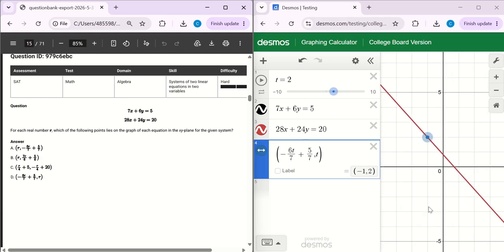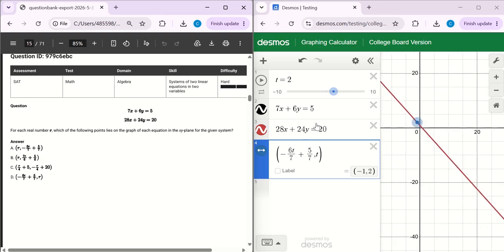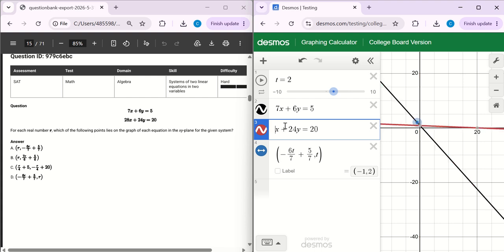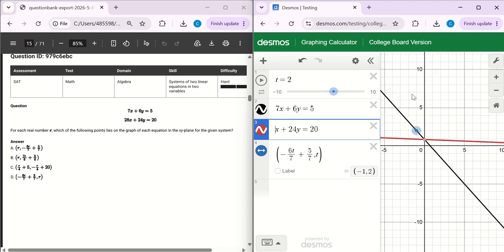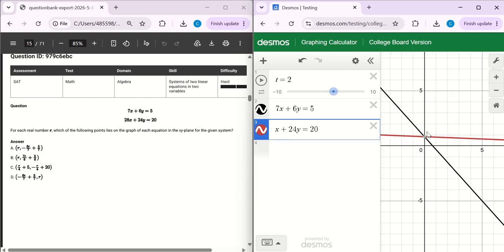Let's say the lines would intersect only at one point. Wait, let's change this to x. Okay, so let's ignore this. Let's say this would be the system of equations.